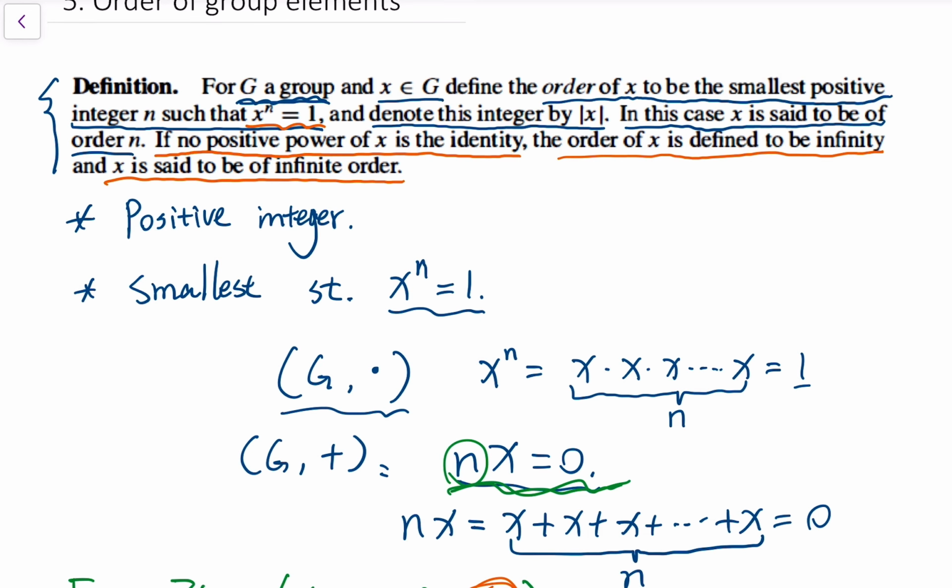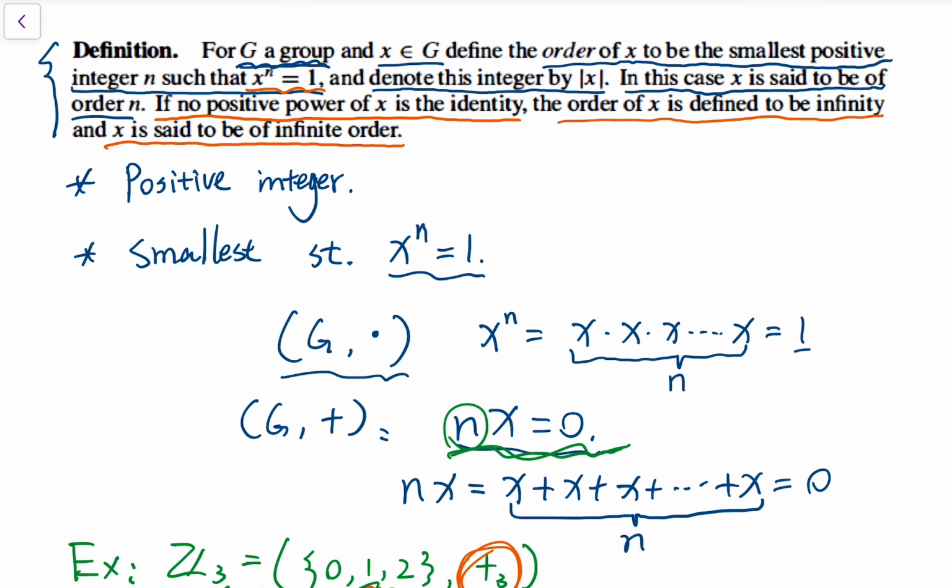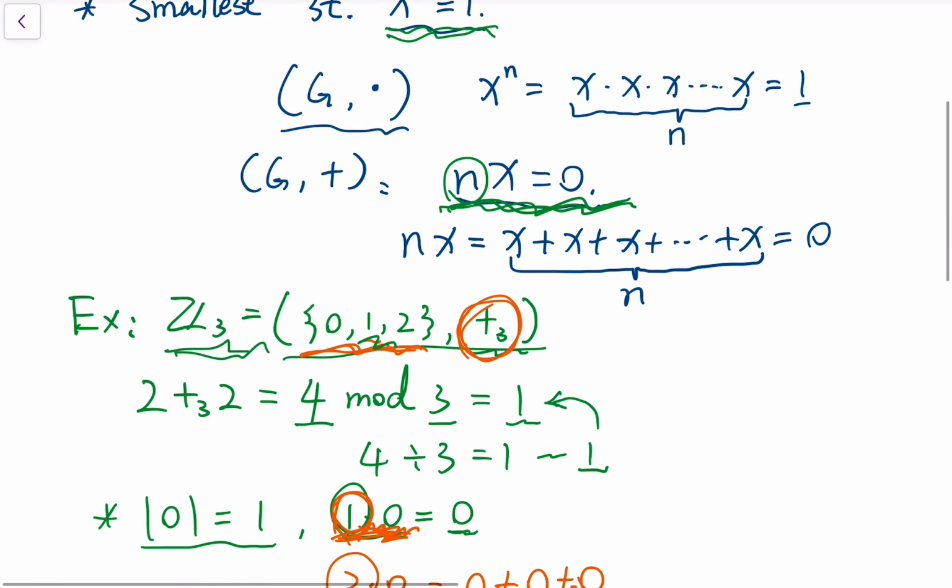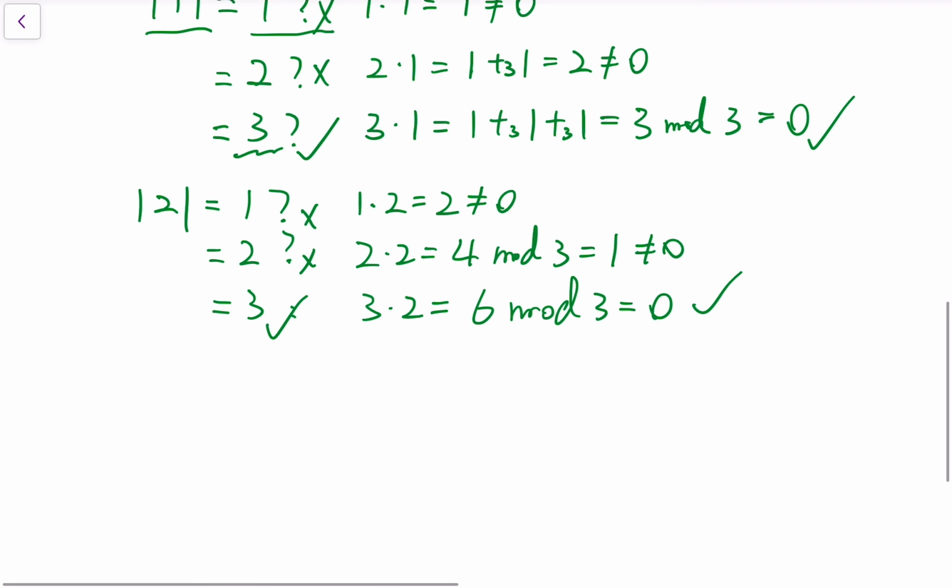So basically, if you cannot find any positive integer to satisfy this property, you just say n is infinity. We can look at an example.